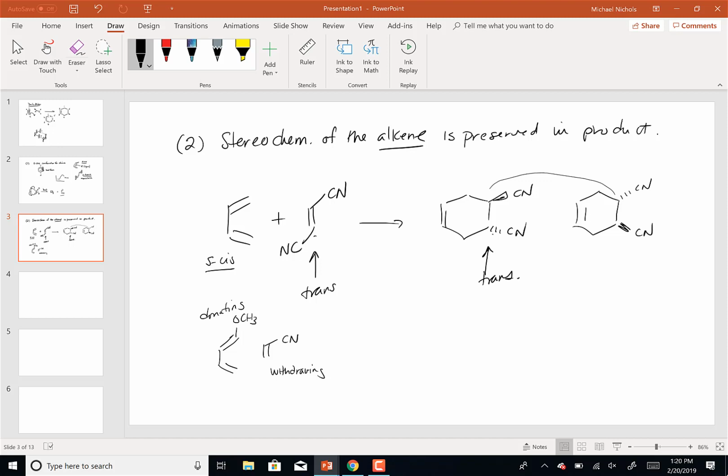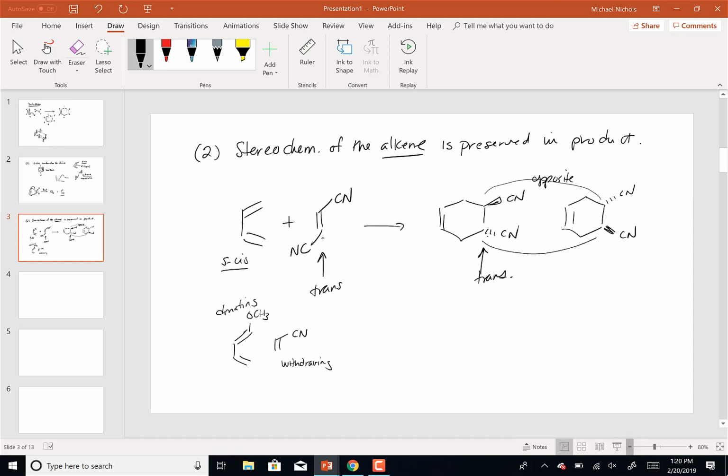Give me an answer. Opposite. Good guess. Opposite. Bottom. Opposite. Two chiral centers are opposite in both molecules. That makes them enantiomers.